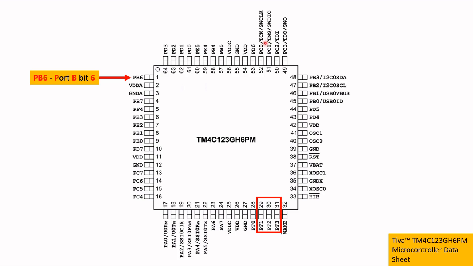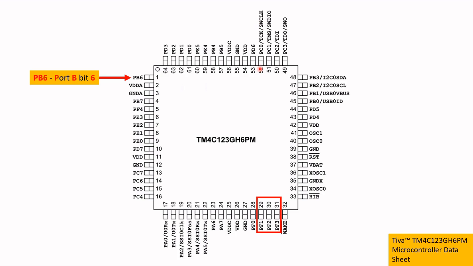Then there is this other one up here, pin 52. Note that it has 3 functions. The first one is port C bit 0, hence PC0, but it's also TCK, which is the test clock pin, and it's also SWCLK, which is serial wire clock.